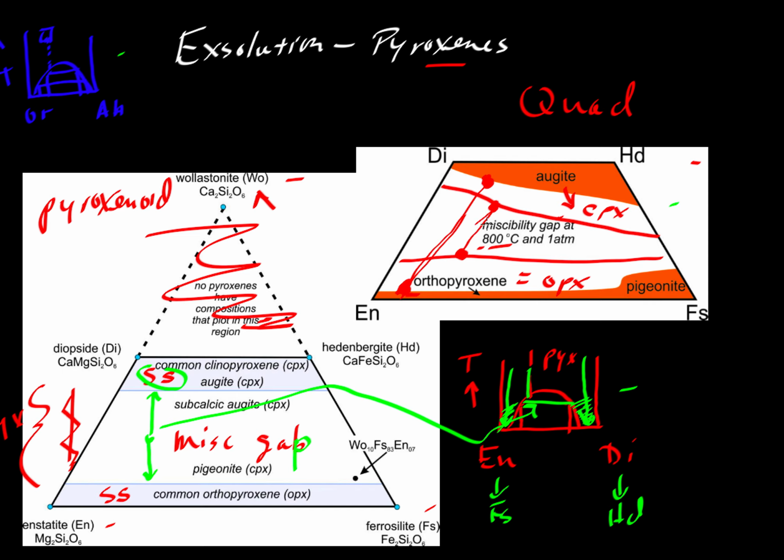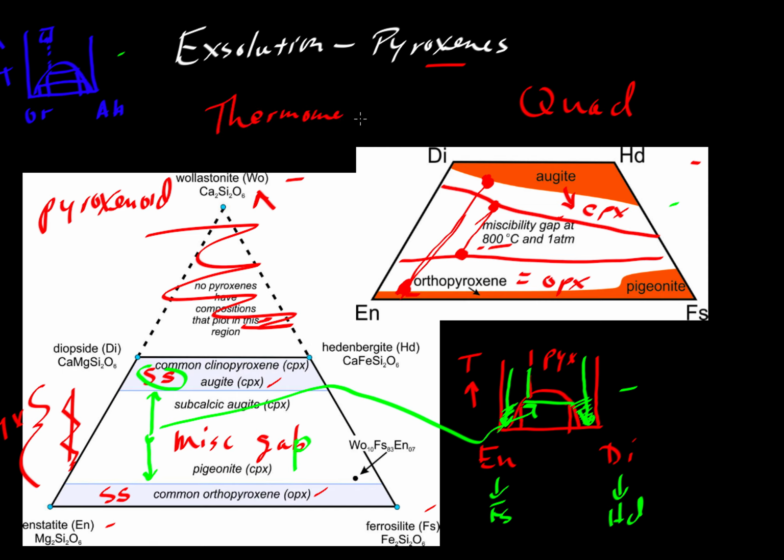So the smaller the gap between these two kinds of pyroxenes, CPX on the calcium-rich side and OPX on the iron-magnesium-rich side, the higher the temperature. Just like in the orthoclase-albite system, we can use these compositional separations as a thermometer.